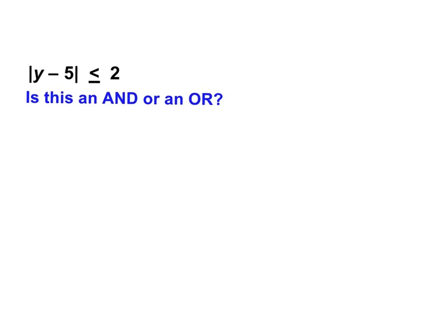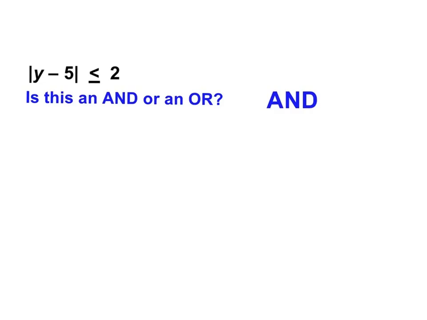Answer, please. Literally say it out loud. What is it? So I've got the absolute value on the left by itself. It is less than or equal to. It's not greater, it's less than. So this is an and.